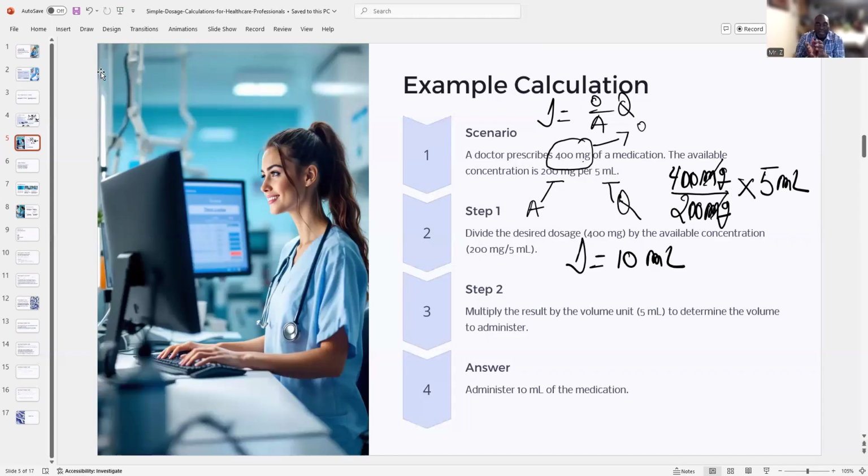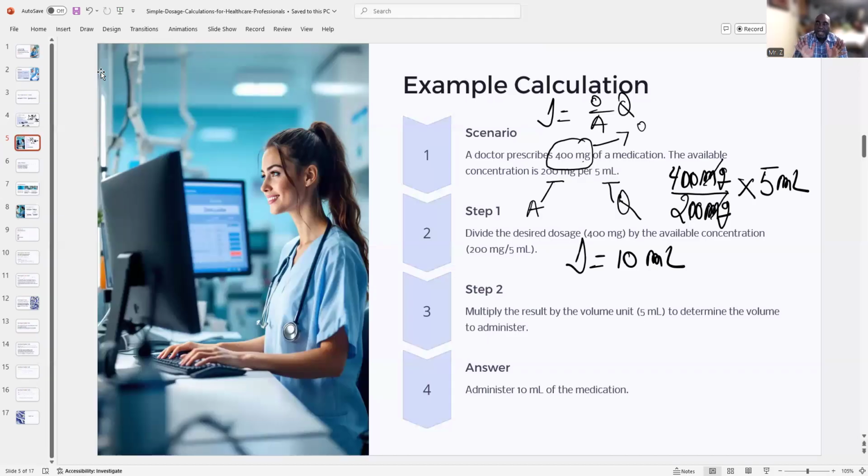So 200 milligram in 5 ml, that right there is your concentration. If you do 200 divided by 5, it gives you 40. So you can take what the doctor prescribed, your order, and divide that by 40, and you're still going to get the same answer. So you figure out which way you want to go.